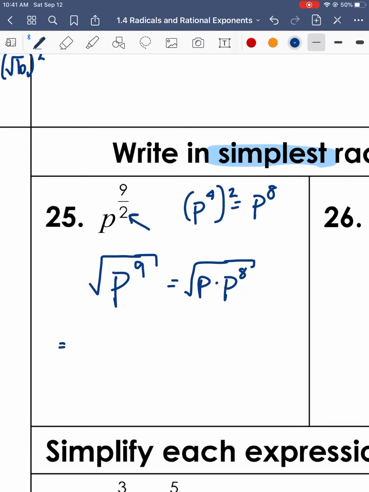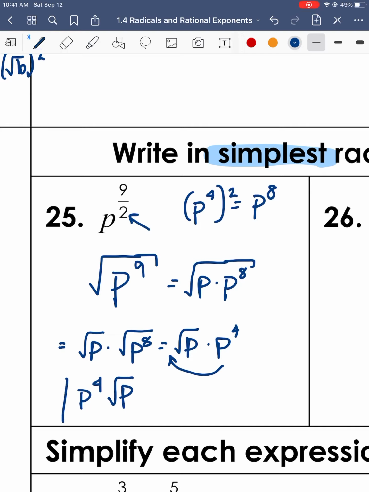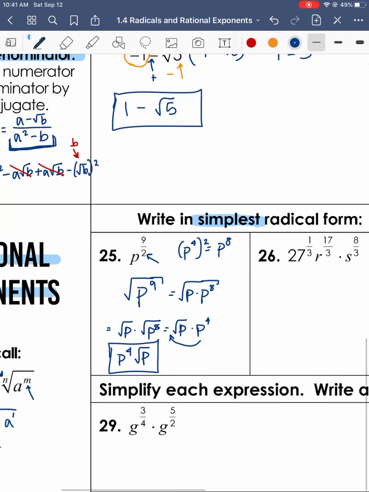So we'll have root p times root p to the 8th. If we take the square root of p to the 8th, we're left with p to the 4th. Then we'll write this as a coefficient here, so p to the 4th root p. That is the simplest form of this rational exponent.